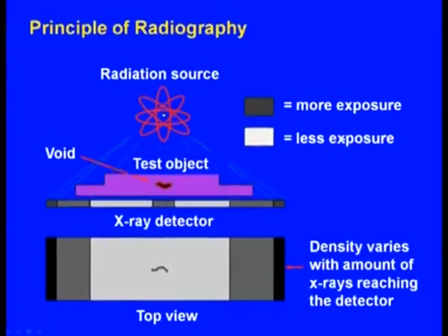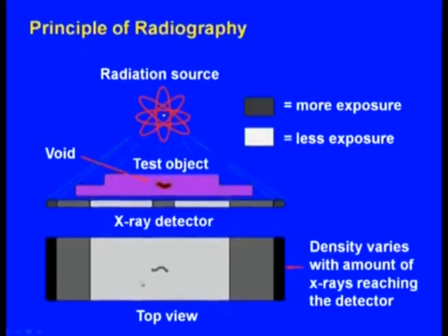White means less exposure, black or dark means more exposure. Here we can see that over the whole film there is less exposure, that is why it appears white. But where there is a crack, there is more exposure. So, if we see more exposure in a place, we can presume there is a defect or a crack.